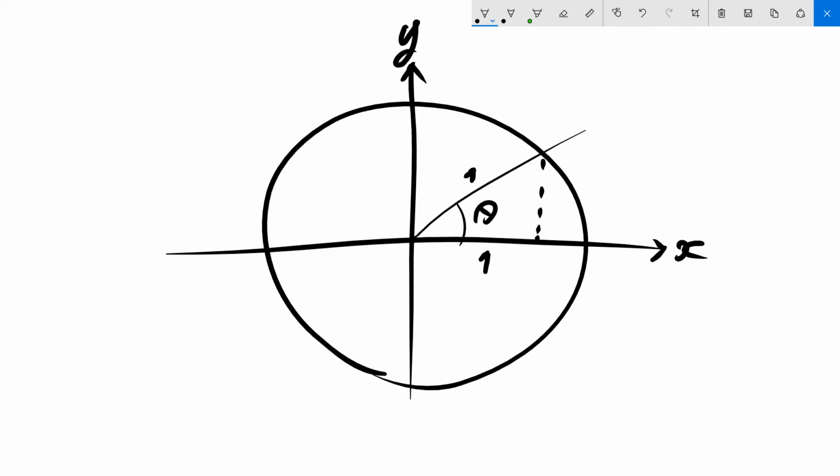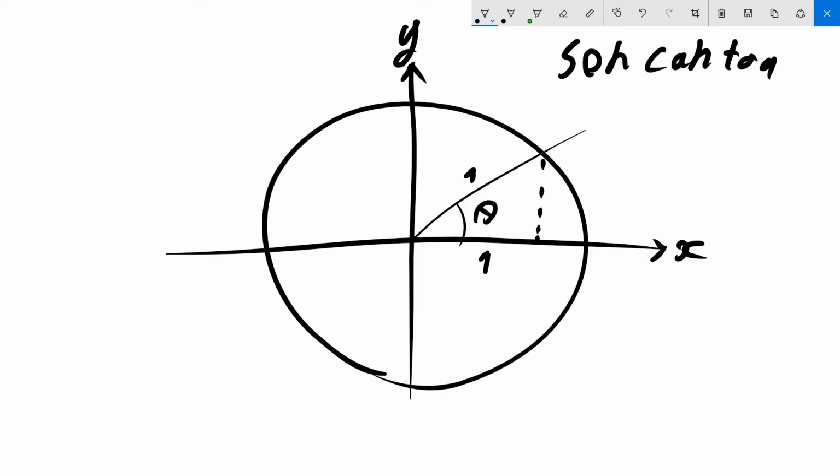So sine of theta, SOHCAHTOA, let's put that down. Sine is equal to the opposite, this length here, divided by the hypotenuse, 1. So what we get is sine of theta is equal to this value here.